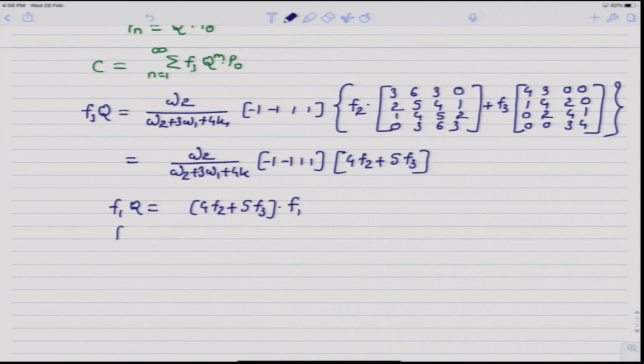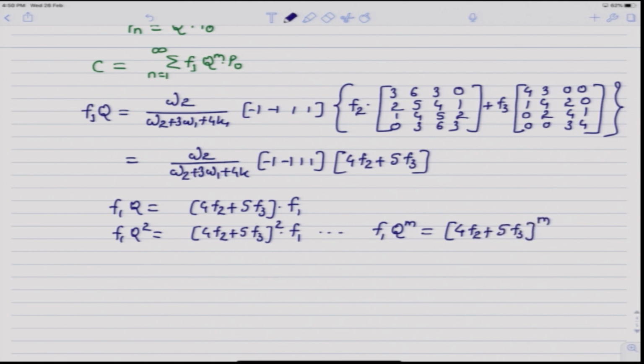So, if we take F1 times Q square, that should be F1 times Q times Q. So, this would be 4 F2 plus 5 F3 square times F1 and so on. So, if we get F1 times Q to the power m, that should be equal to 4 F2 plus 5 F3 to the power m times F1.